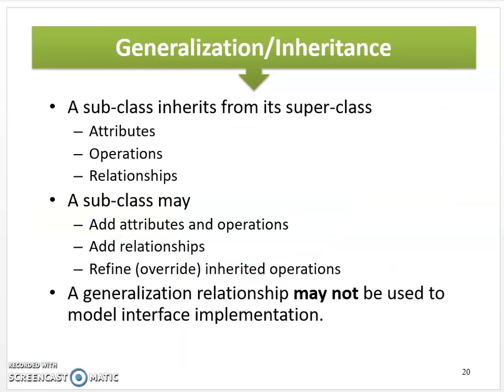A subclass or a child will always inherit attributes, operations, and relationships from its superclass or its base class, which is also known as a parent. And take note, a subclass may have additional attributes and operations as well as additional relationships. However, we may not use the generalization relationship to model interface implementation.